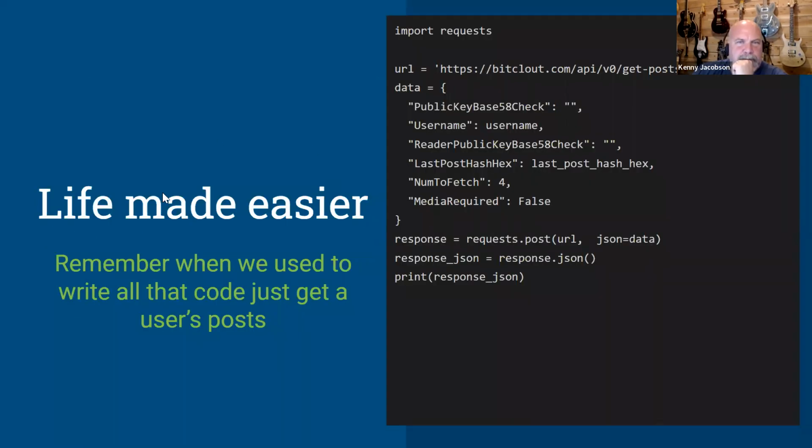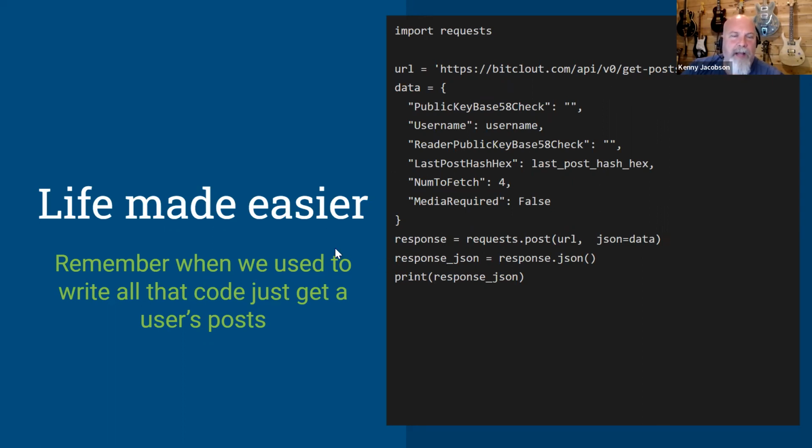So, all right. While it's downloading, we'll go ahead and take a look at how this helps us. In the first video we did, if you remember, we used the requests library to do a simple, well, technically it was a post, but we were just getting read-only information. So we were getting the post for a particular user, but we had to write all this code.